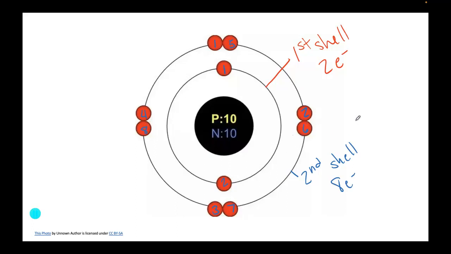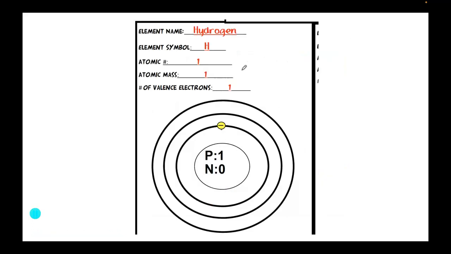Okay, so we're going to do a couple together here. These are actually out of your packet. So the first 2 in there. You have hydrogen, the element's name, its symbol is H. Its atomic number is 1. Its atomic mass is 1. If we were to do our nucleus, we have 1 proton and 0 neutrons.